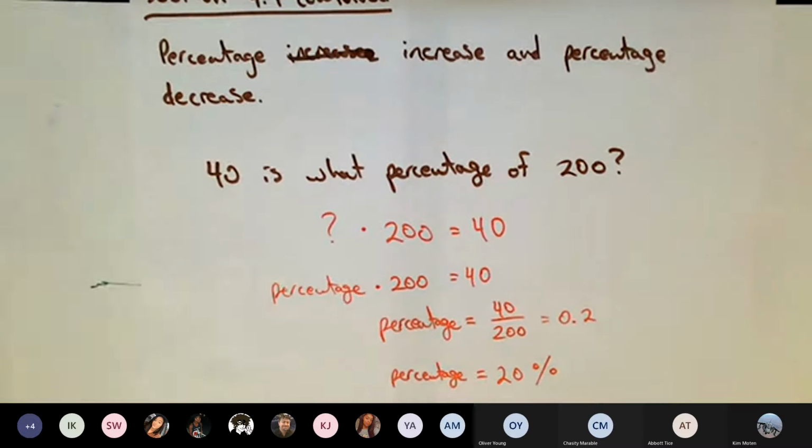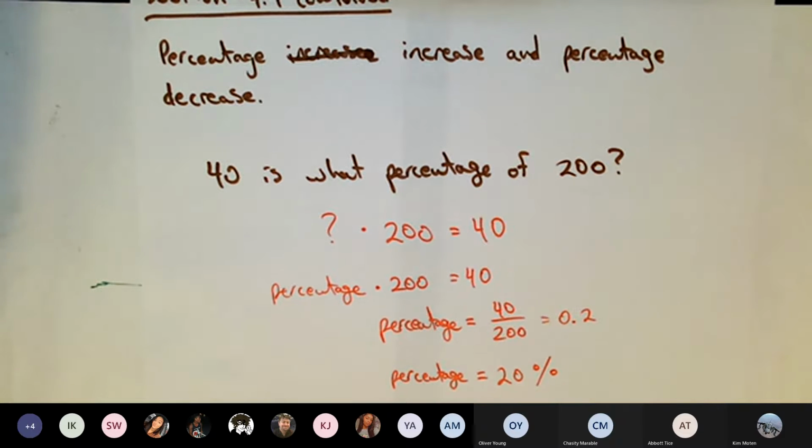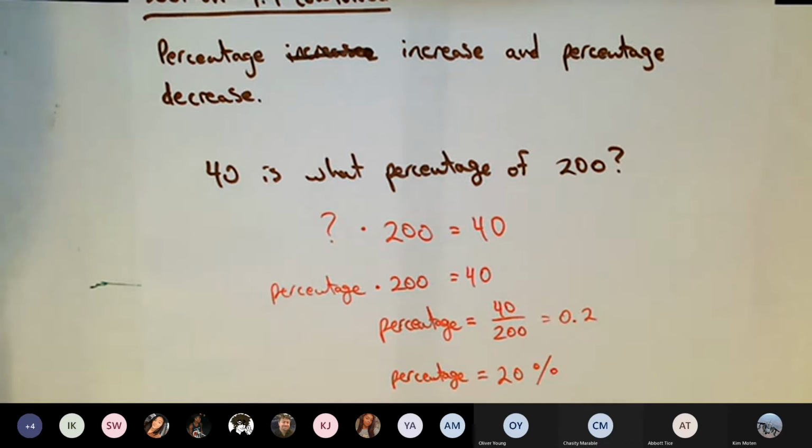So this is what we do to find a missing percent given two numbers, one being a base and one being an amount. And we can answer a question like this and say, okay, well, 20% of 200 is 40.